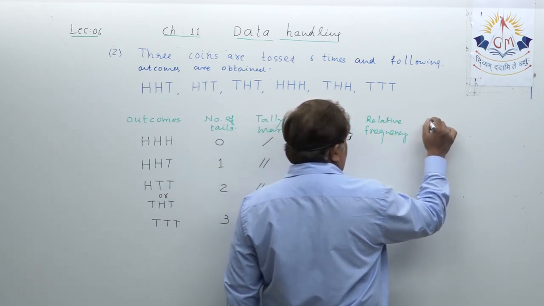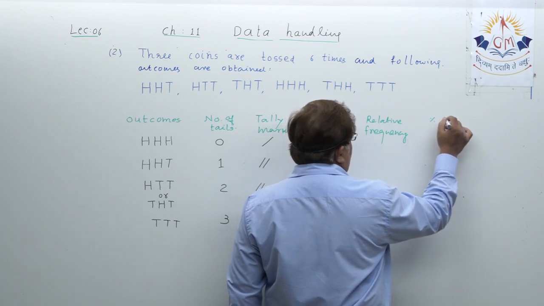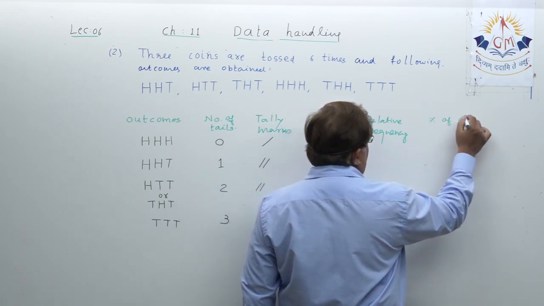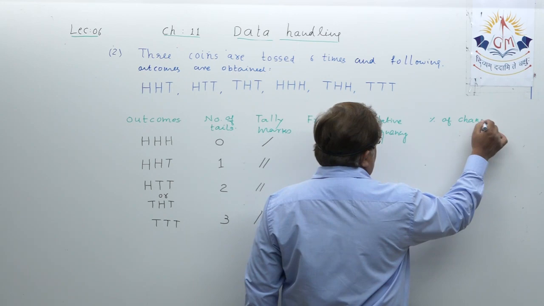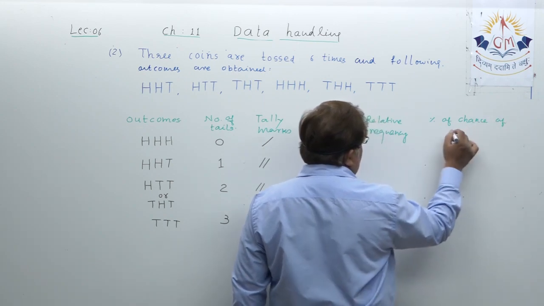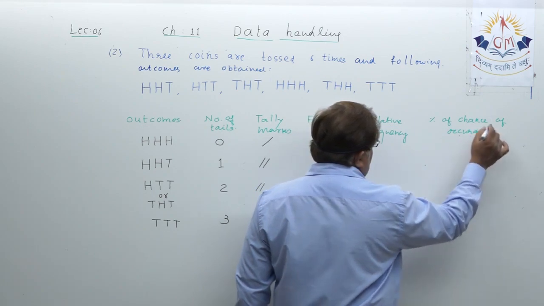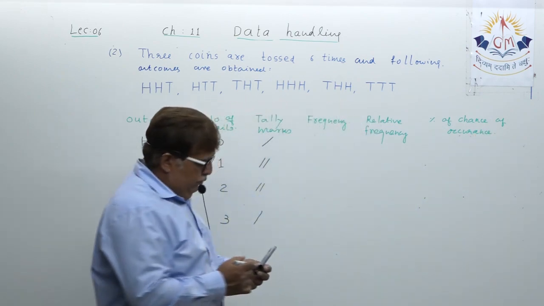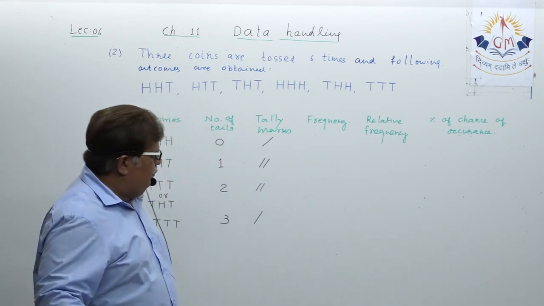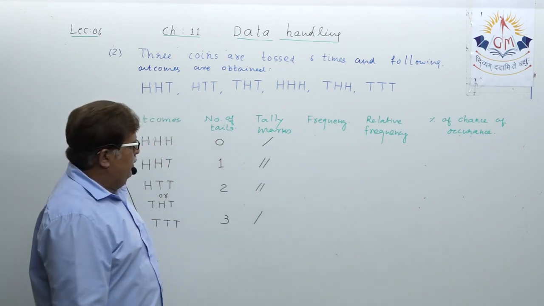Then it will be percentage of chance of occurrence. Percentage of chance of occurrence.